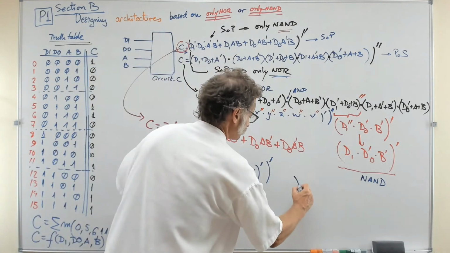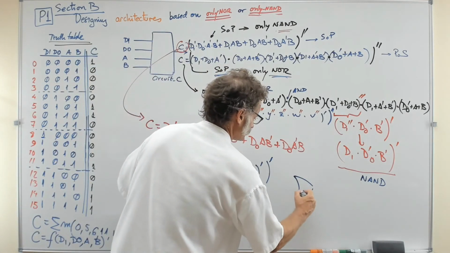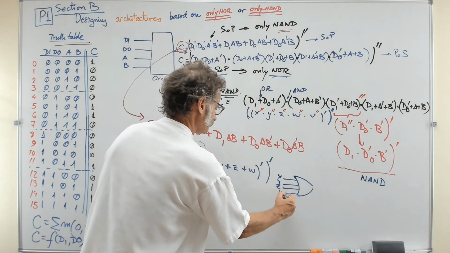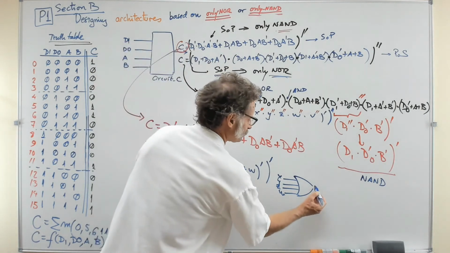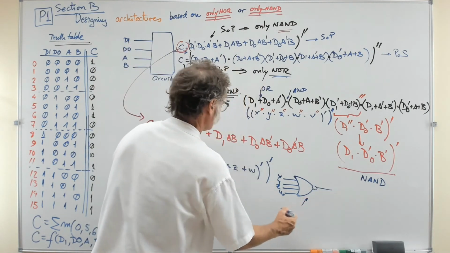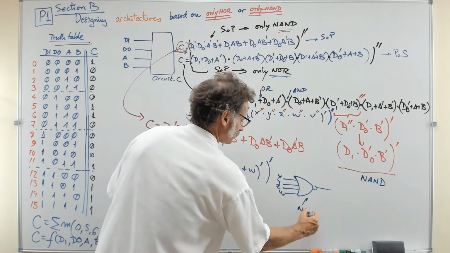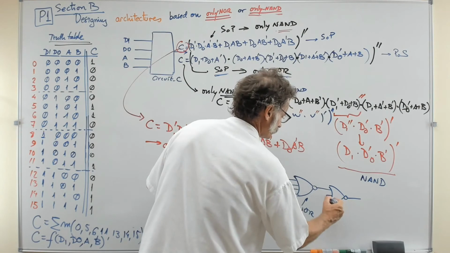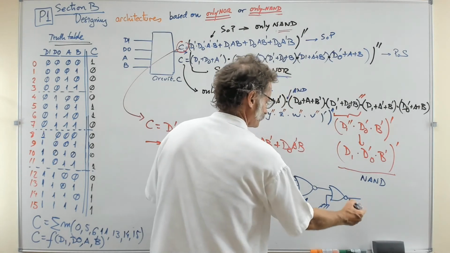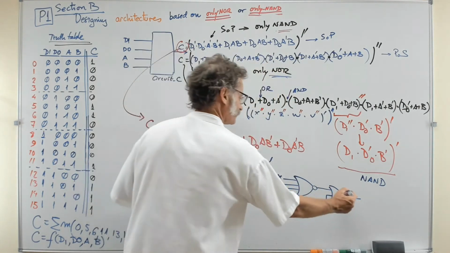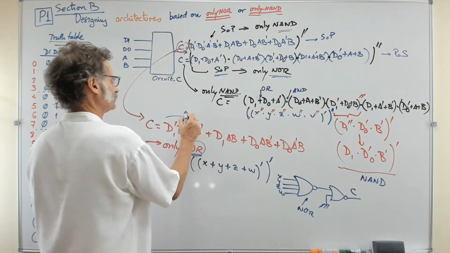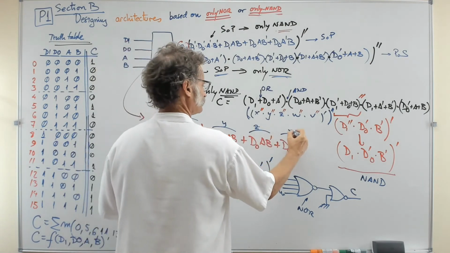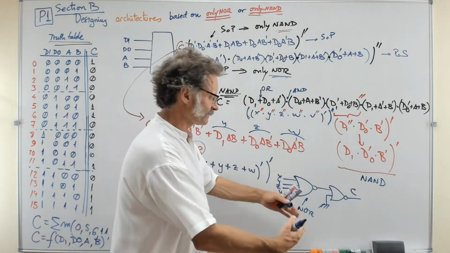So you have a gate which is that one, X, Y, Z, W, and now you have this NOR, you see, and finally you have another NOR like this, for example. If you prefer the circuit, this is going to be the C, the same, being this X, this Y, this Z, and this W. So that's the final ending of the circuit.